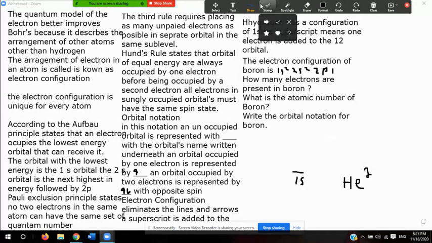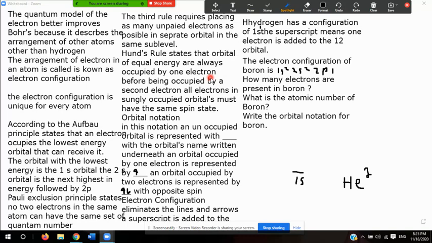Now, the third rule requires placing as many unpaired electrons as possible in separate orbitals in the same sublevel. Hund's rule states that orbitals of equal energy are always occupied by 1 electron.